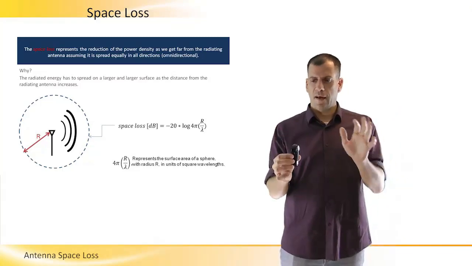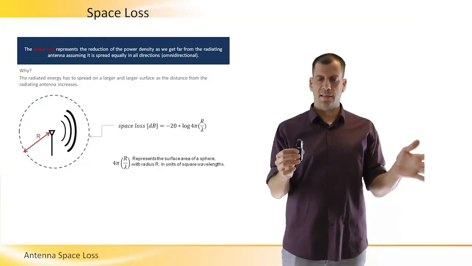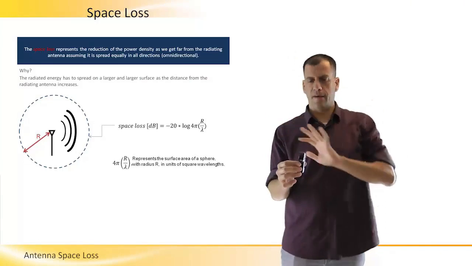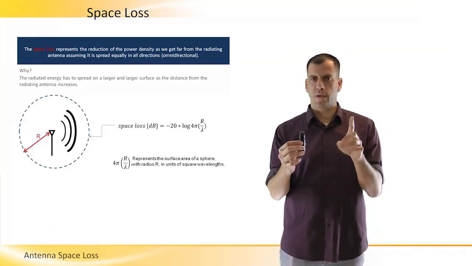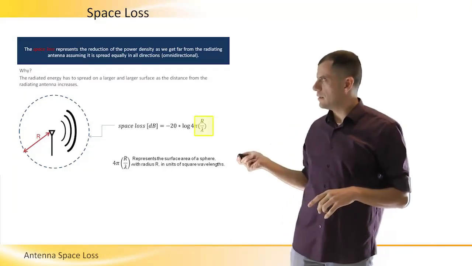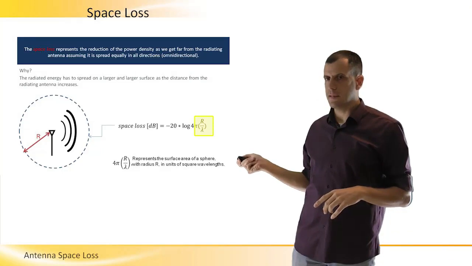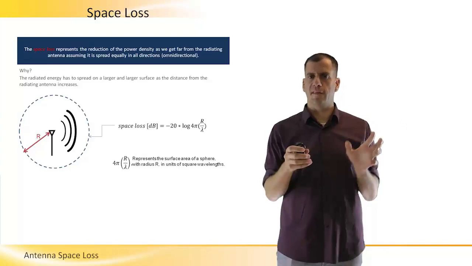So everything I measure in wavelengths. The distance I measure in wavelengths. The area of the sphere I also measure in wavelength squared. That's why in this formula here we see R per lambda, which means the distance in wavelengths.